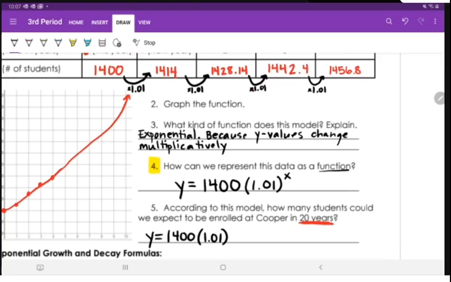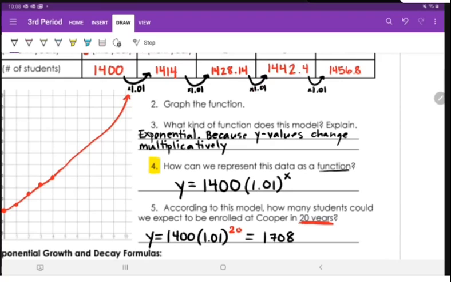In fact, you absolutely should use your calculator for this. So we're going to plug 20 in for x, and that's going to give us a lot of students. 1,708.